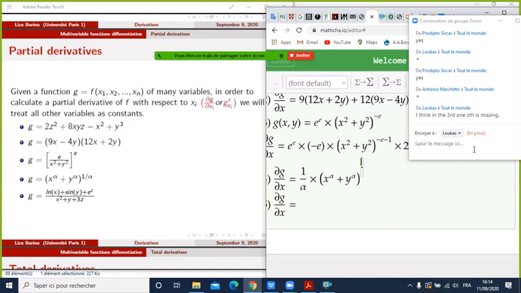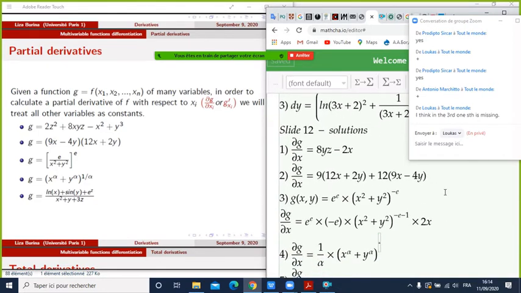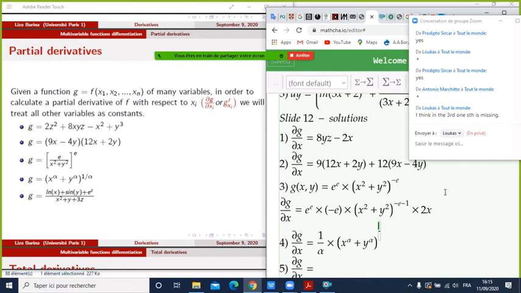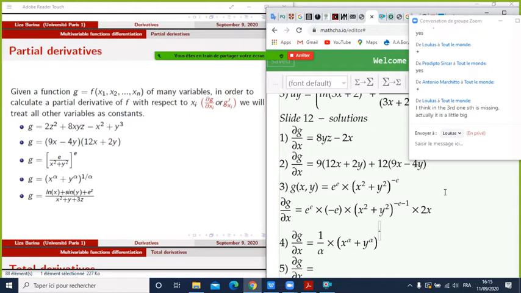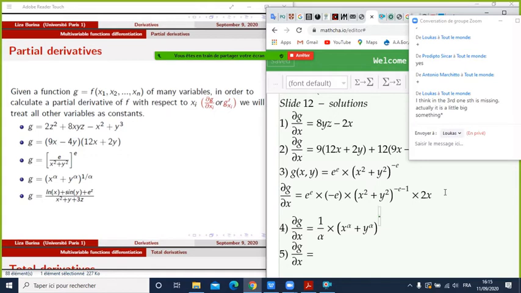I think the third one, what is missing? What is missing in the third one? Something can very well be missing.